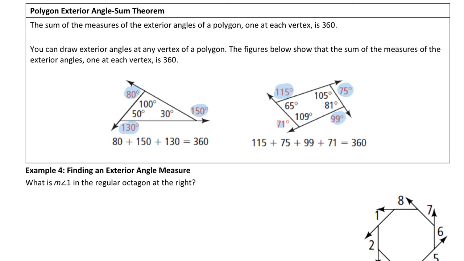That's uniform for every polygon, whether it's 3 sides or 10 sides. So we can draw exterior angles at any vertex. Now, if we extend a side a certain way, we have to extend the next side in the same direction. We'll go through examples of that. So identifying an exterior angle and understanding that the sum is always 360 for any polygon, for exterior angles.